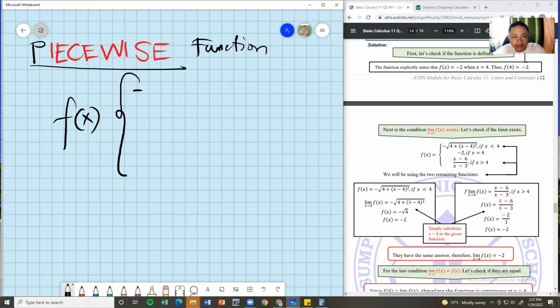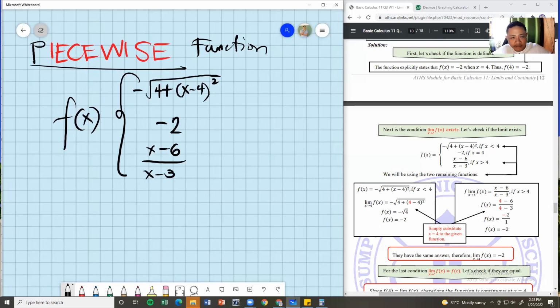So we have negative 4. Let's use this as an example. Negative square root of 4 plus x minus 4 squared. And then another function is negative 2. And then another function is x minus 6 over x minus 3.